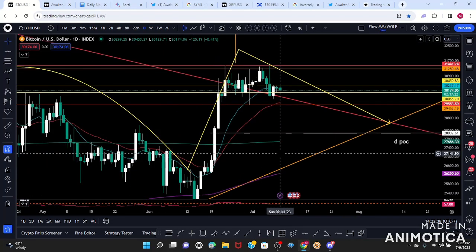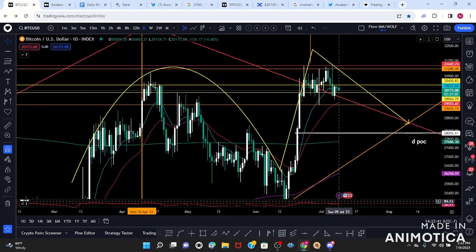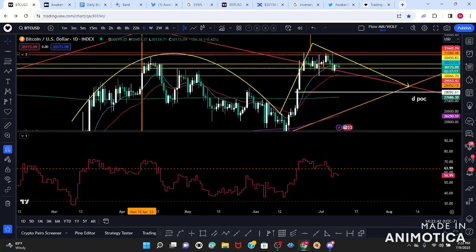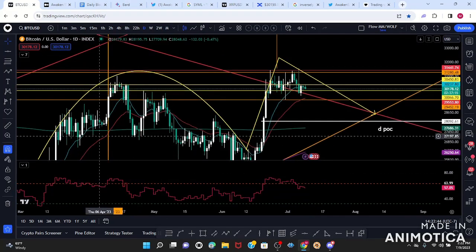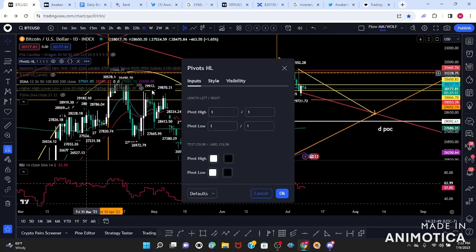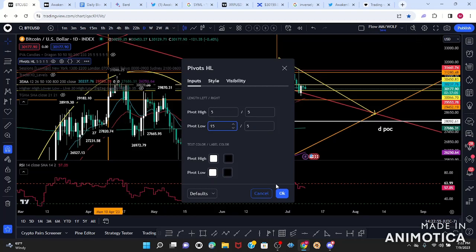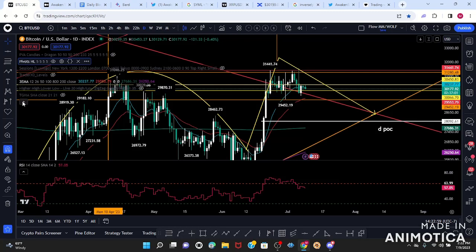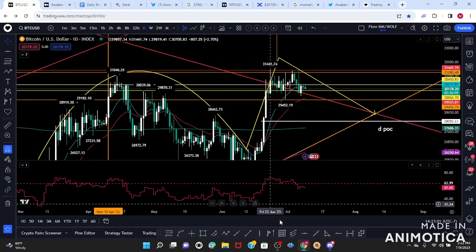Now we're gonna keep moving on, and just really quick on the daily, do we have any divergence? Sometimes it's hard to see it. That's why I like the pivot highs and lows here to give me exact price action. So this one was higher.